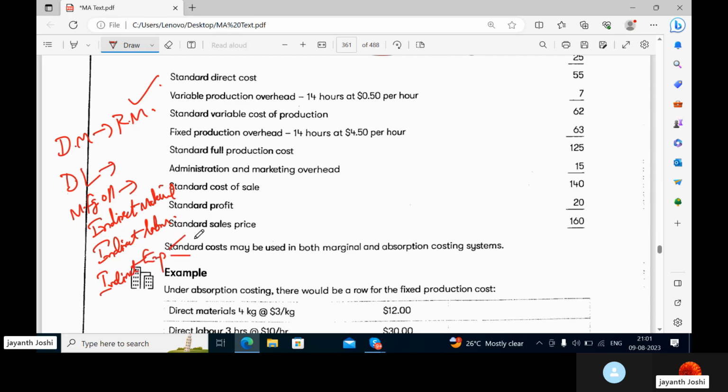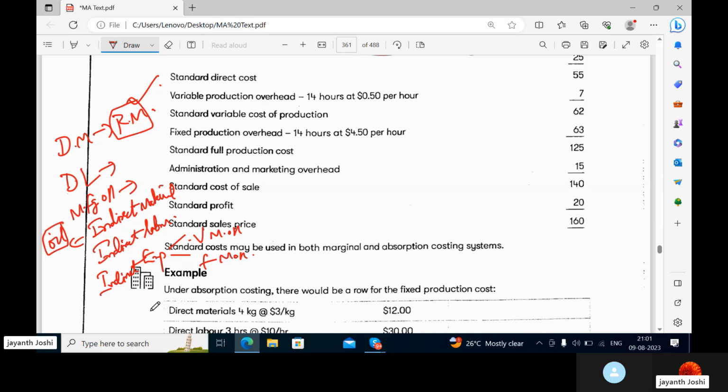And here manufacturing overhead is again divided into variable manufacturing overheads and fixed manufacturing overheads. Now, what is indirect? Direct material is the raw material for making that pen. What is indirect material? Can I say the oil which you use for running your machine? If your machine has to run, what has to be applied to the machine? Machine oil, correct or wrong?